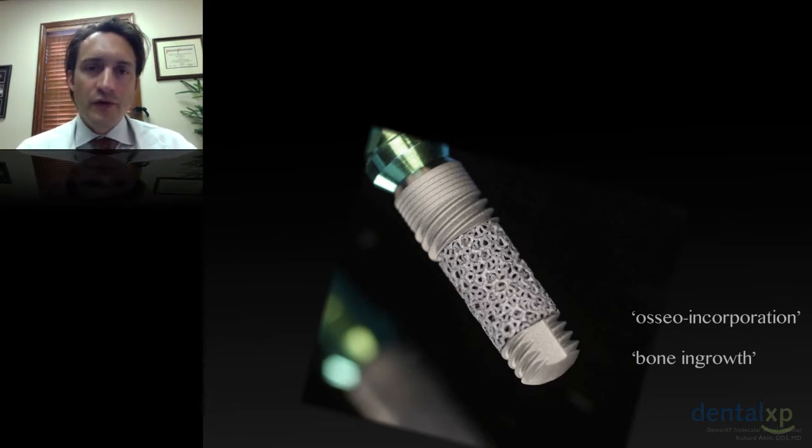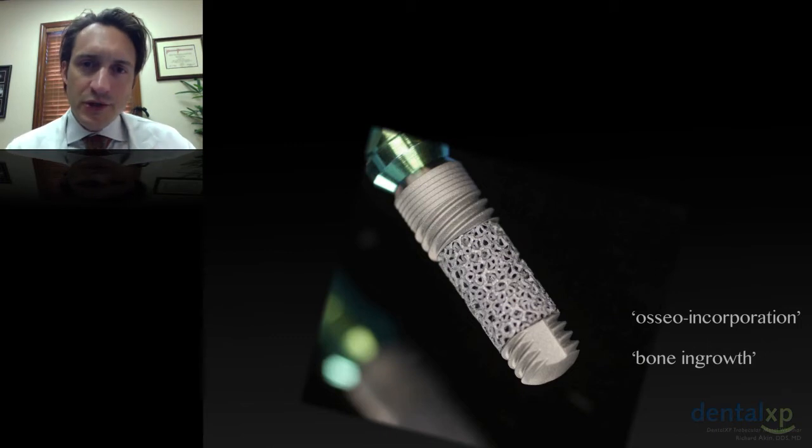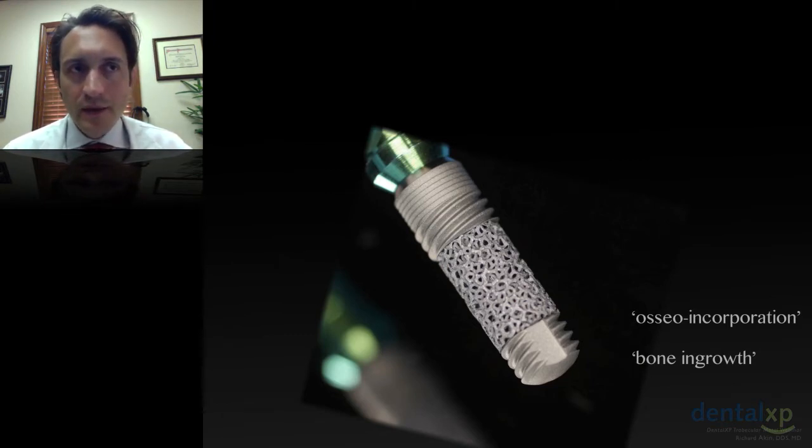These are important terms to think about because traditionally in implant dentistry we talk about bone on-growth. And even then we talk about bone to implant contact, and we know that's not perfect. This technology, though, allows for true incorporation of bone into these trabecular patterns and these trabecular cells.